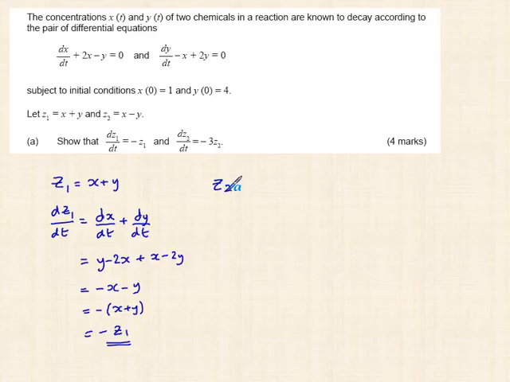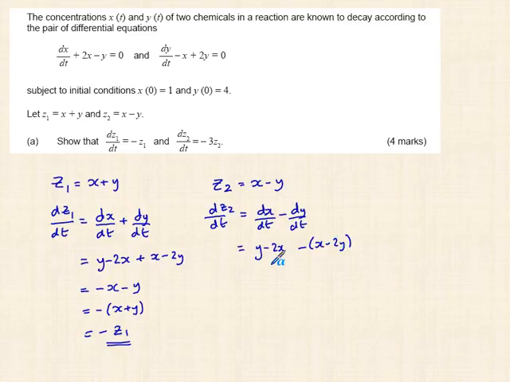Now, z2 is x minus y, doing the same sort of thing. dz2/dt is dx/dt, take away dy/dt, which is y minus 2x, take away x, take 2y.